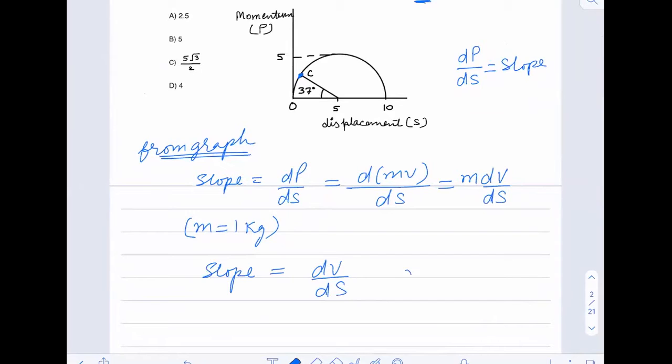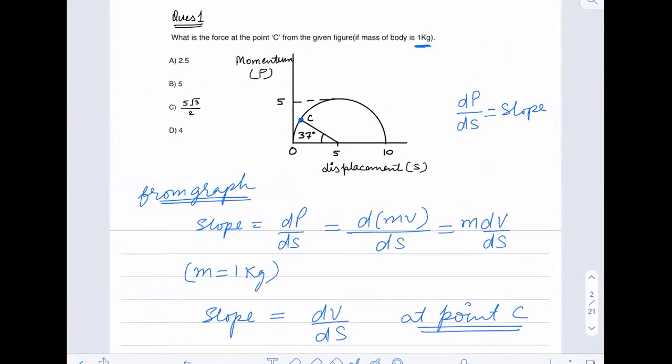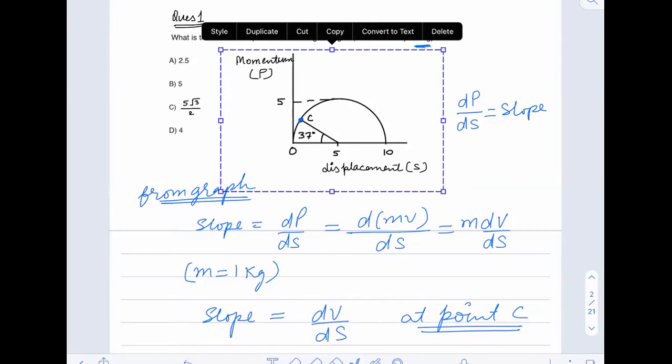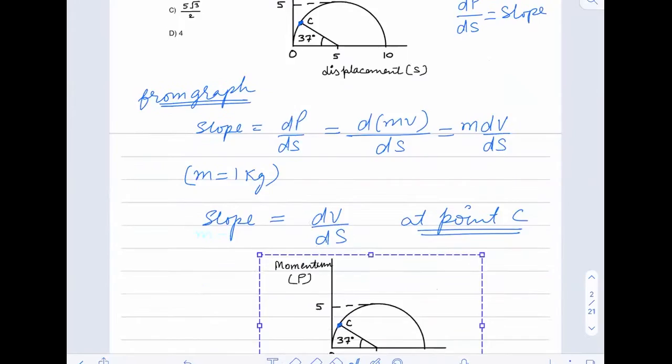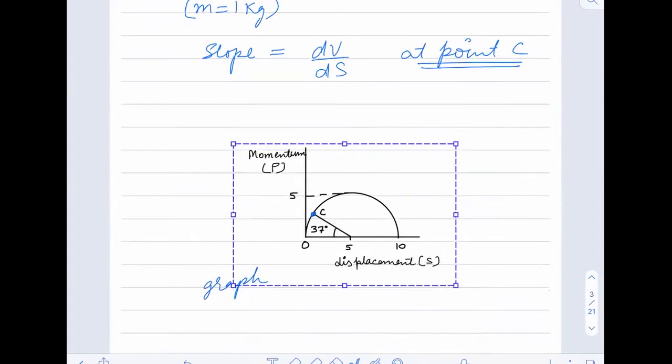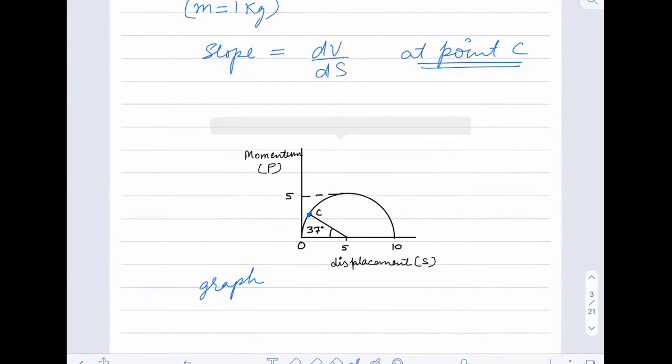Now you have to find the value of dv by ds at point C. At point C, what is the value of dv by ds? For that, I'm going to draw the tangent at point C. So if I draw a tangent at point C, just see how I'll be drawing it.